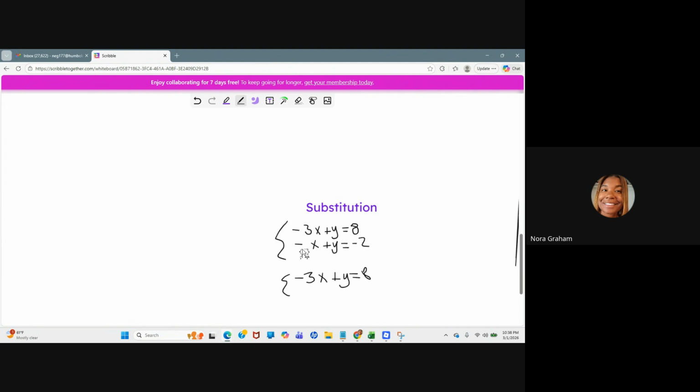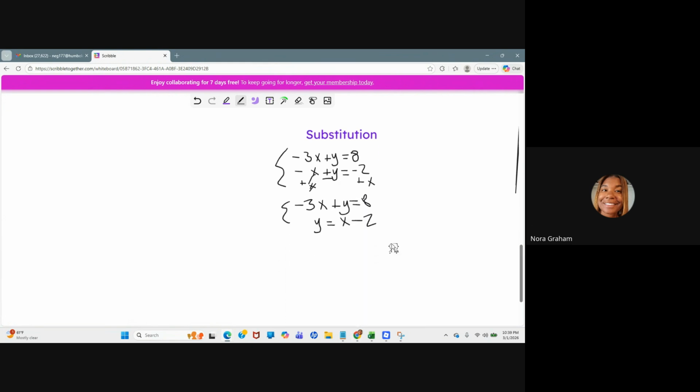But for this one right here, if I add that x to both sides, because I want my y to be all by itself, then I'm going to get y equals x minus 2. Because right here, those x's cancel out, but you have to make sure that positive x is on both sides.